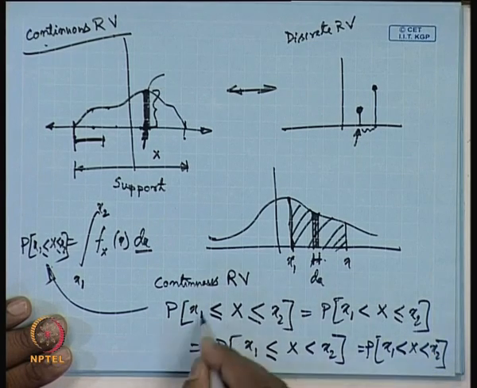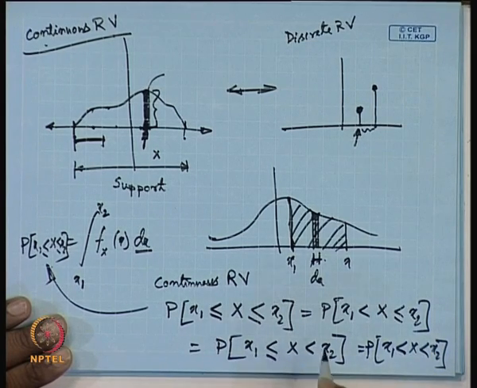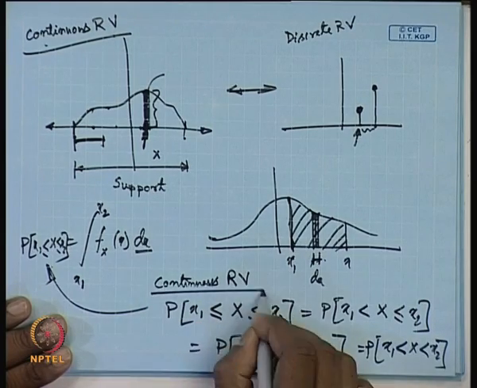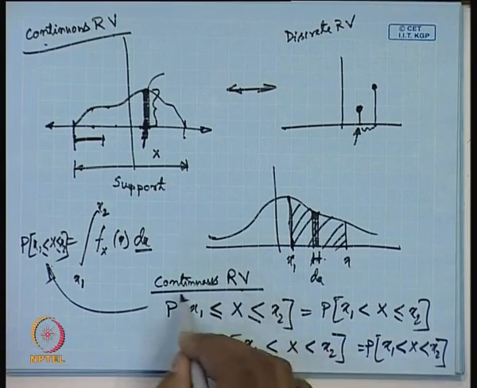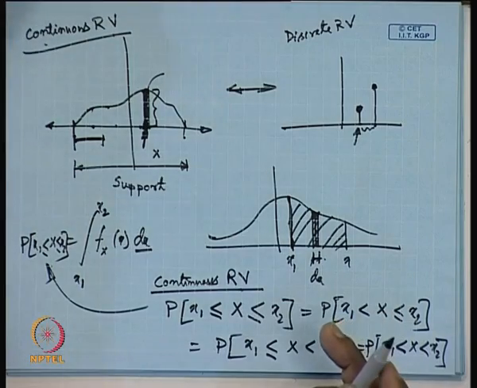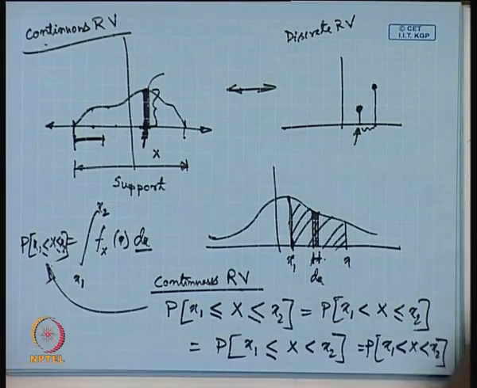So in all these 4 cases the probability is the same as long as the random variable is continuous. This is one important concept while calculating the probability from the PDF for a continuous random variable.